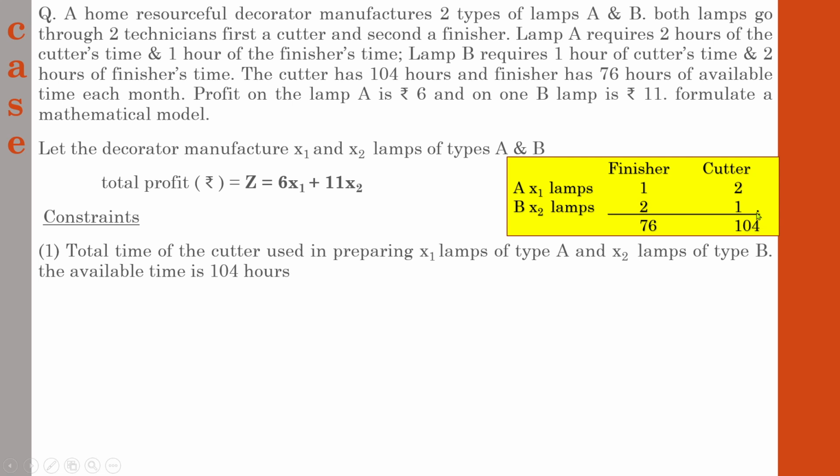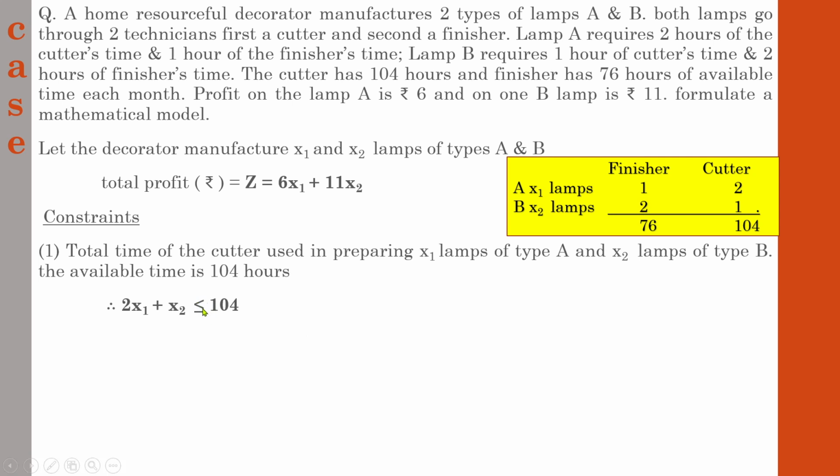Within that he has to deal with 2 hours of lamb A and 1 hour of lamb B. So it can be written in the form of the equation 2x1, x1 relating to lamb A, plus 1x2, which is x2, 104.